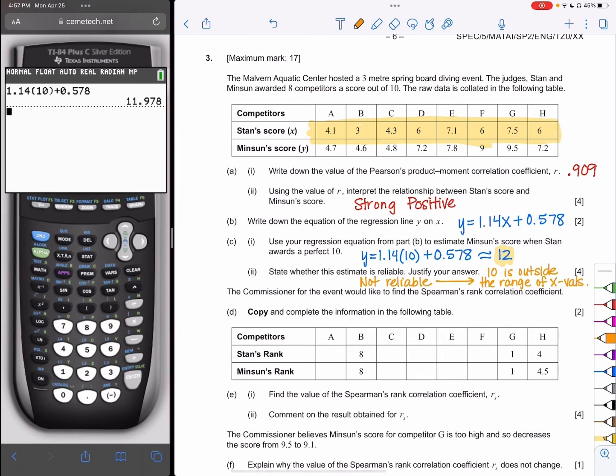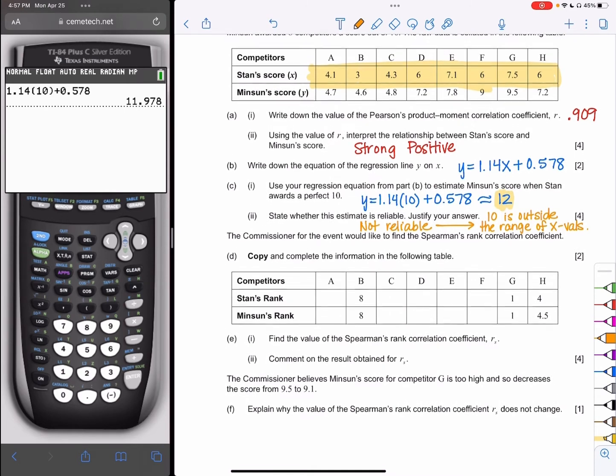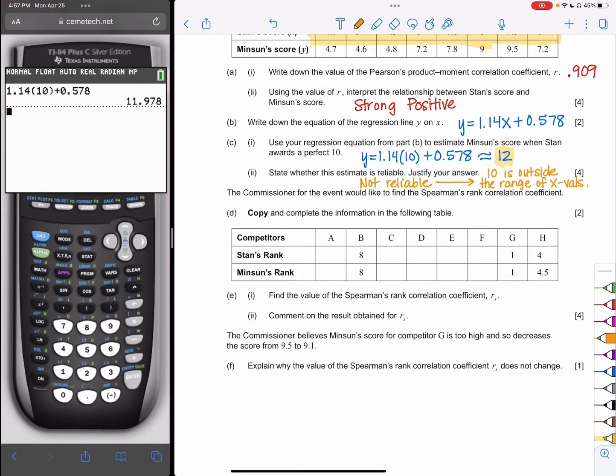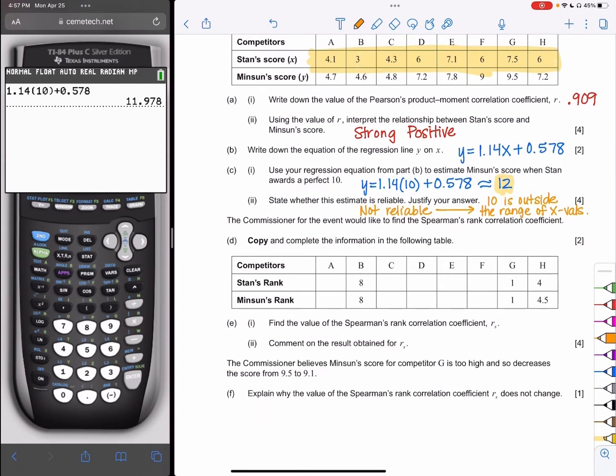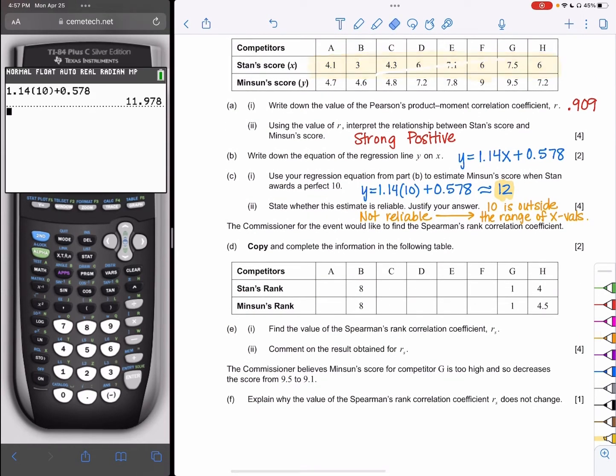All right, so now it says the commissioner for the event would like to find the Spearman's rank correlation coefficient. In order to find it, you have to rank each of the numbers. We can already tell that G is ranked 1, so we're ranking the biggest number to the lowest number.